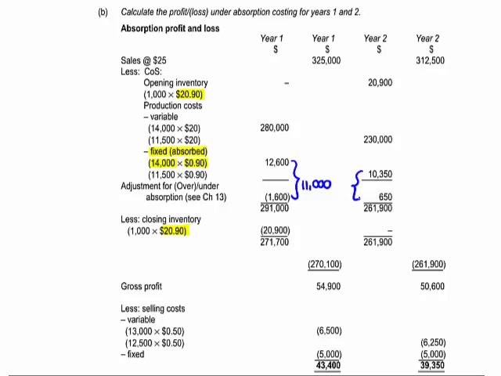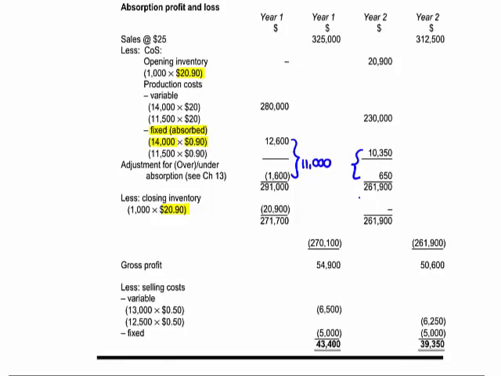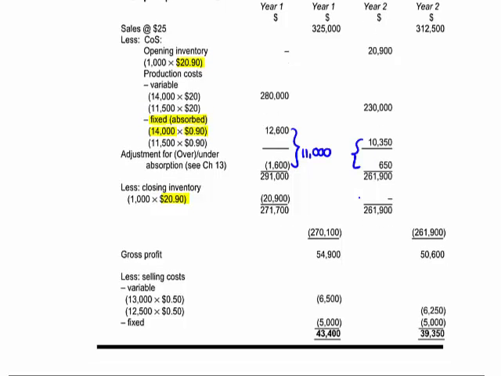So we work out our gross profit, and then after we've worked out gross profit, we take off all of the selling costs, those variable costs that we showed above contribution in marginal costing, and then the fixed overheads. So we end up with gross profit, and we also end up with net profit under absorption costing.